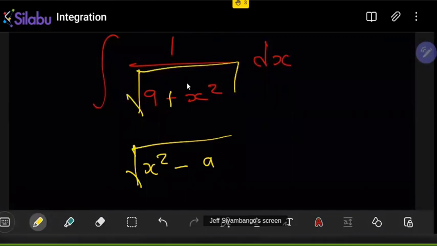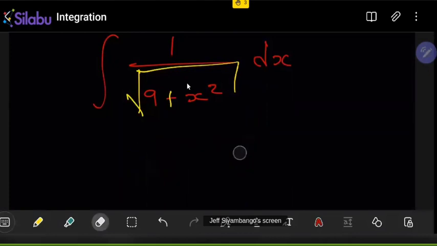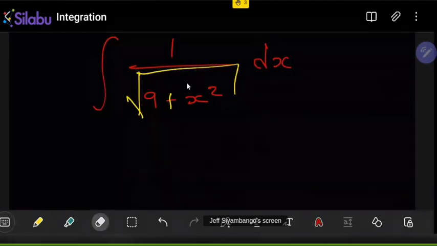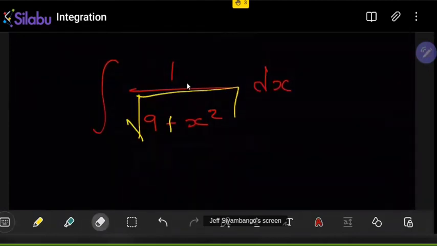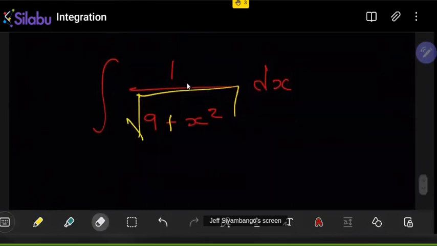So the trick that you'd have to use here is not among the ones that we've done. Have you got that? Yes, I've got it.